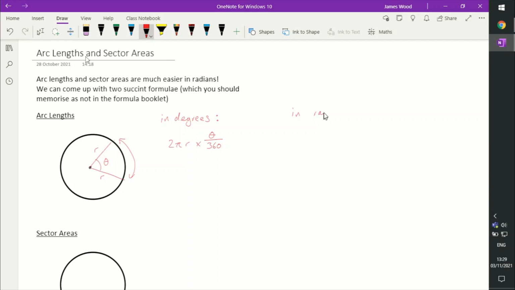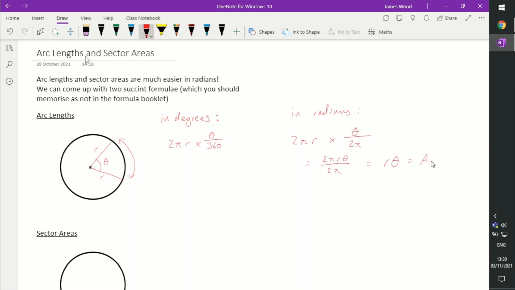If we do it in radians, we can use the same idea. So we can use 2 pi r, that's the circumference, times the fraction, which is theta over, but instead of 360 degrees, it's going to be 2 pi radians. And now hopefully you can see I can simplify this to 2 pi r theta over 2 pi, which just gives me r theta.